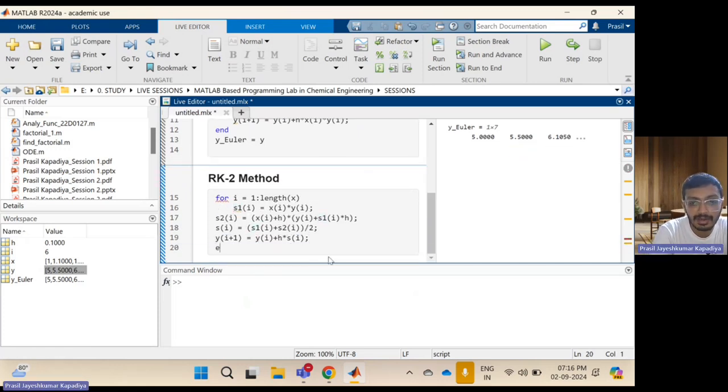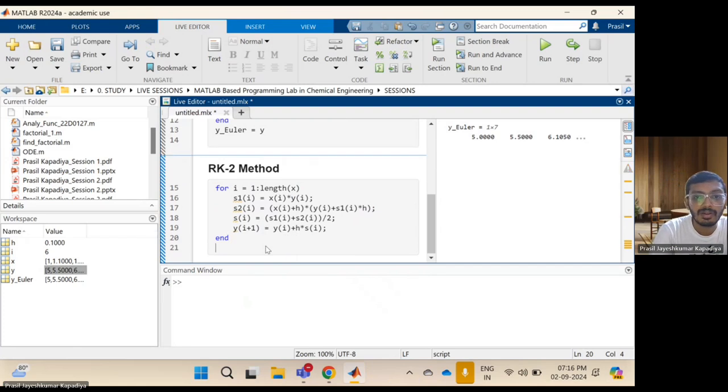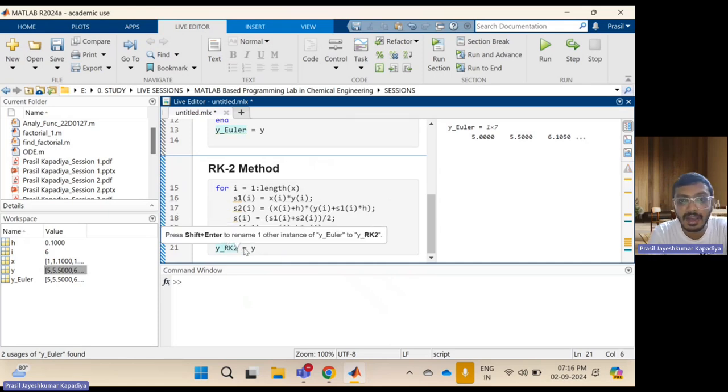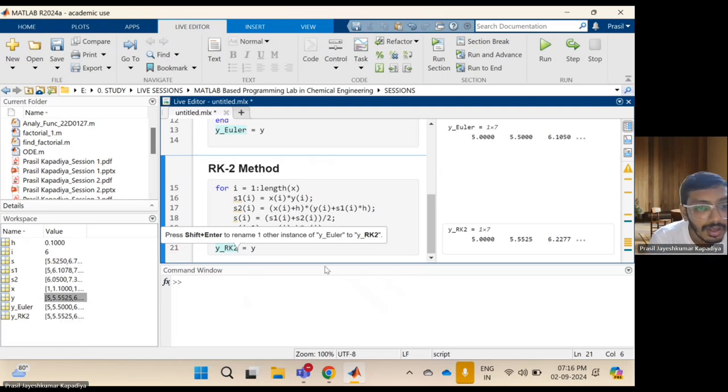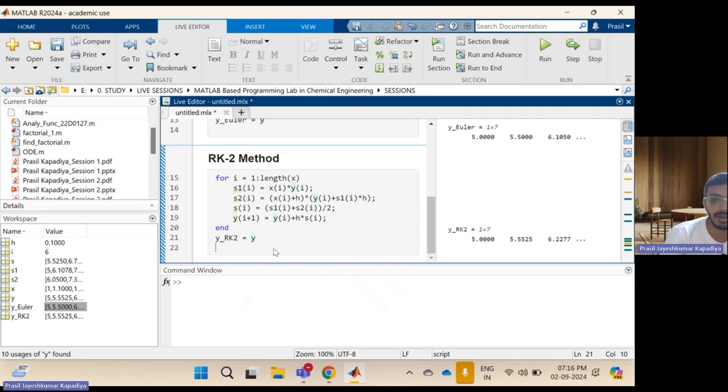I will put end here, and we will use smart indent for better representation. I will write this y as RK2. So let's see what is the difference between RK2 values and Euler method. So see, there is a slight difference. We can see 5.5 and 5.5 here, and then 5.5525, 6.2 and 6.1. So there are slight differences between Euler's method and RK2 method.